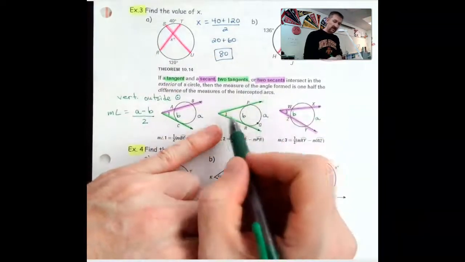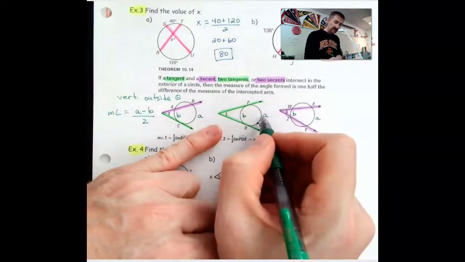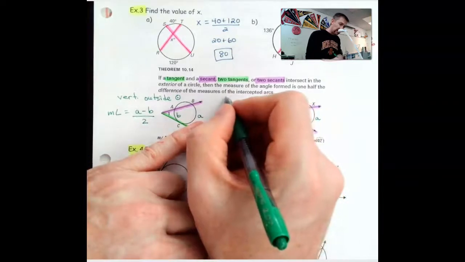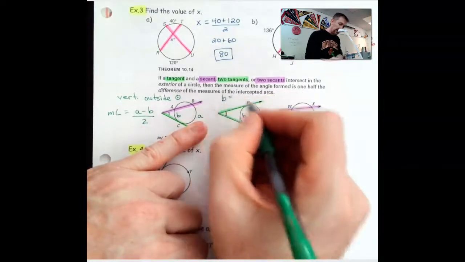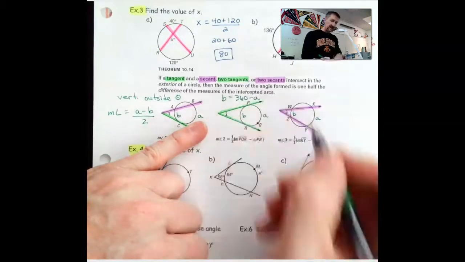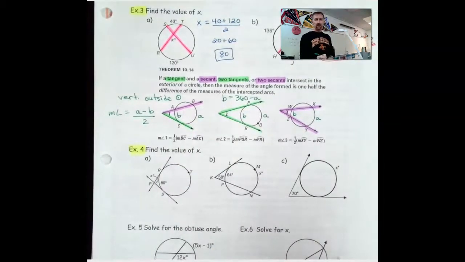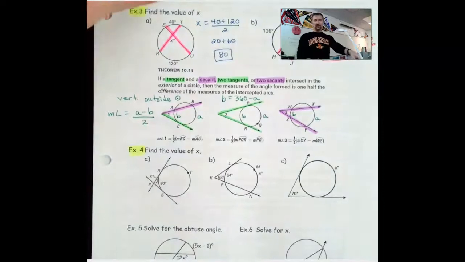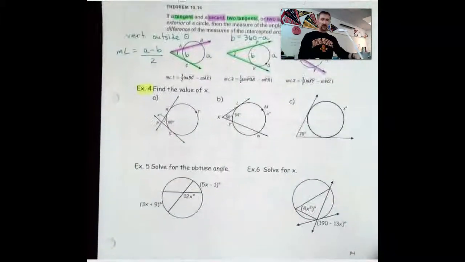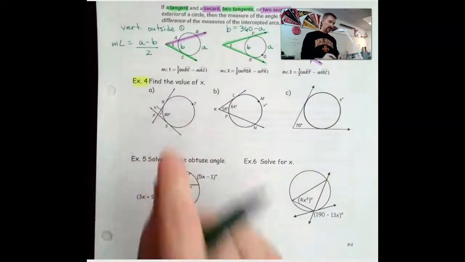But here they could only give us 1 if they wanted to, because we could figure the relationship out between these 2. So for example, I would say that B is equal to 360 minus whatever A is. Okay. So just keep that in mind. If there's only 2, you might have to subtract from 360, which is what we have right here.